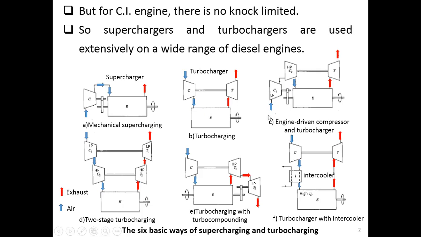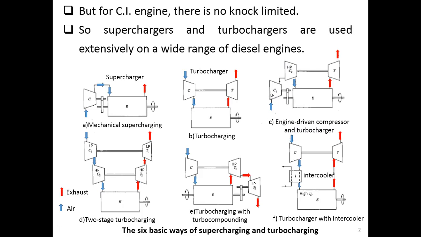The third configuration is called the engine-driven compressor and turbocharger. In this configuration, we have two compressors. The one here is the low pressure compressor driven by the engine, but since it's a low pressure compressor, the amount of work delivered from the engine to drive it is low.